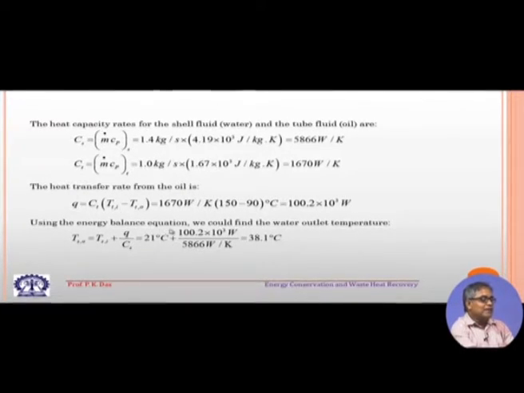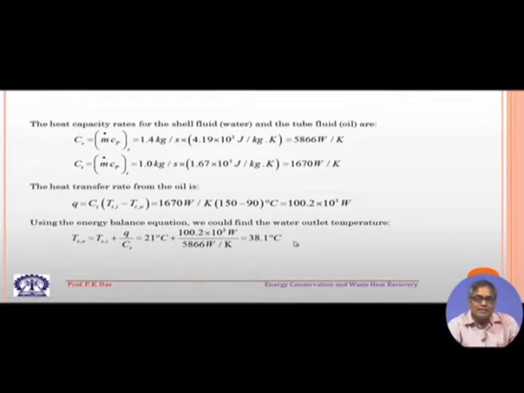Using the energy balance equation, you see on the water side we do not know the outlet temperature. So, the outlet temperature for the water side we can determine, because now the total amount of heat transfer has been calculated, and we can use this simple formula for energy balance, and with that we get the outlet water temperature as 38.1 degree Celsius.